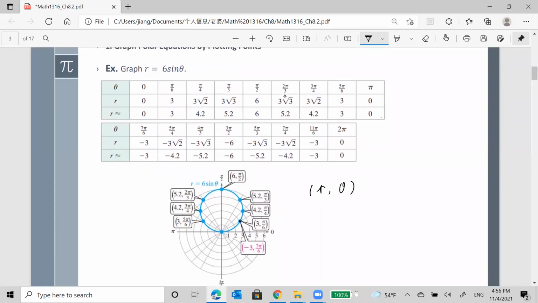When you are working on your homework, you need to plot 6 points. You can just insert 3, pi over 6; 4.2, pi over 4; and 5.2, pi over 3. Continually you get 6 points. Then you can use a curve to line them up. Then we got a circle.